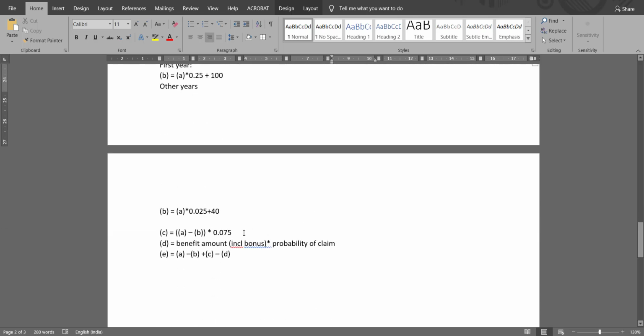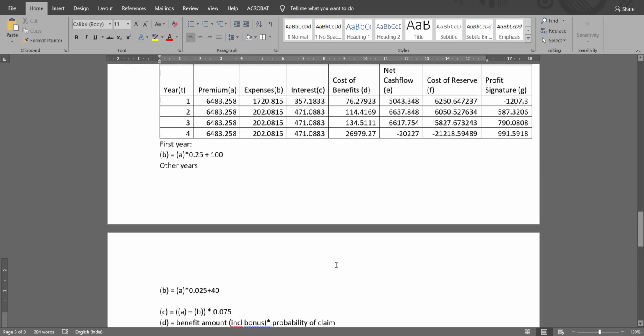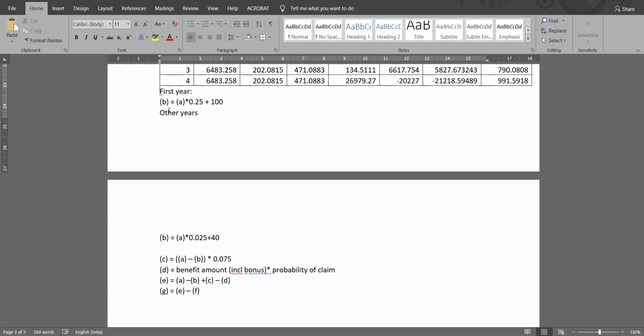Now profit signature, that is G, is equal to E minus cost of reserve, that is F. So this is done. Okay, these are your notes.